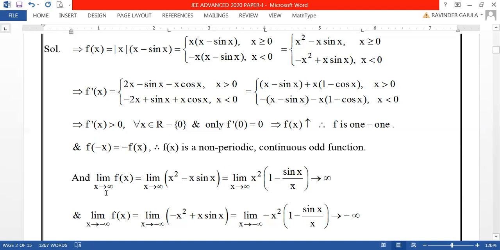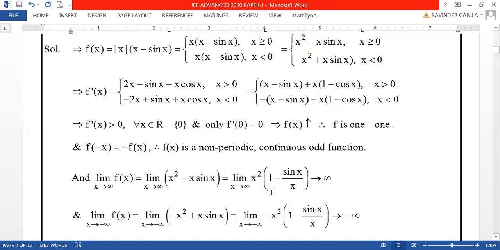Why? Let us see. As x tends to infinity, what about f of x? Because x is positive, this positive function will be taken, x square minus x sin x. Now, taking x square common, it will be x square into 1 minus sin x by x.